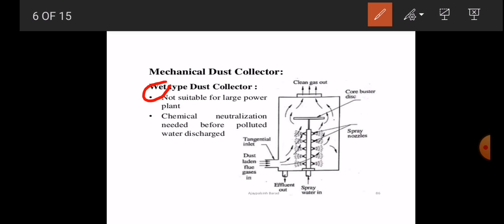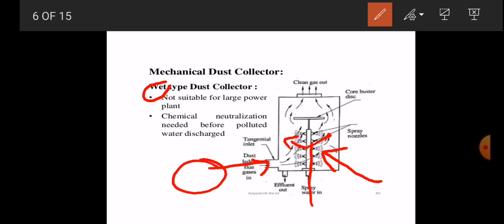Here we introduce a nozzle, and through the nozzle we spray water in the direction of the flue gases. When we introduce the dust-laden flue gases, which include ash particles, they go in the upward direction. But due to the spray from the nozzle, the dust and heavier particles are settled down in this direction, and only clean gases go upward.